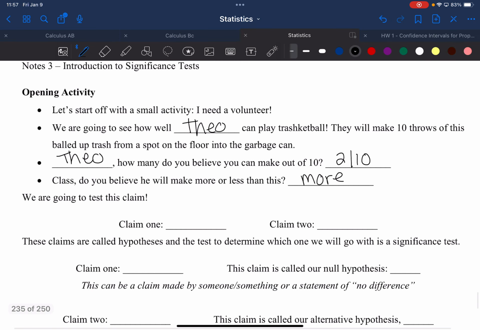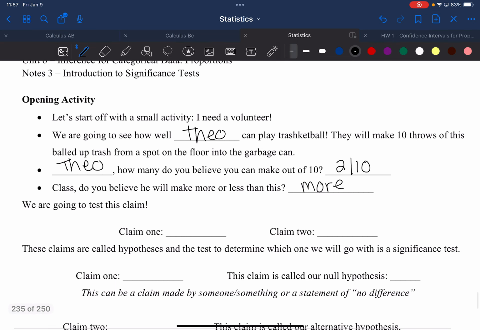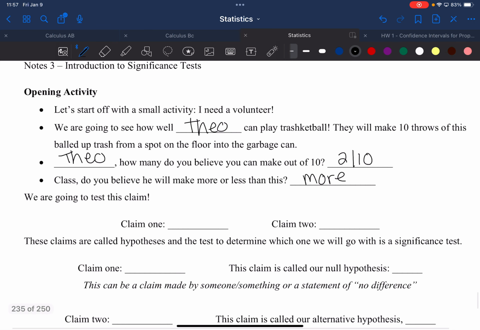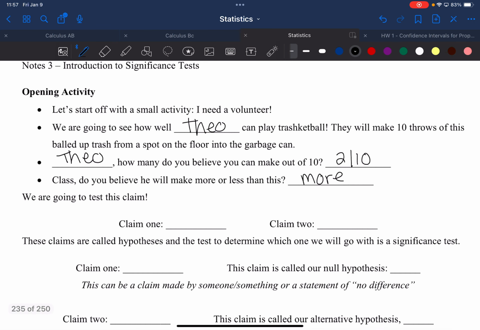How many? It was out of 10. So you made 7 either way. Okay, so he made how many? 7 and missed 3. Okay. So, thank you for volunteering.